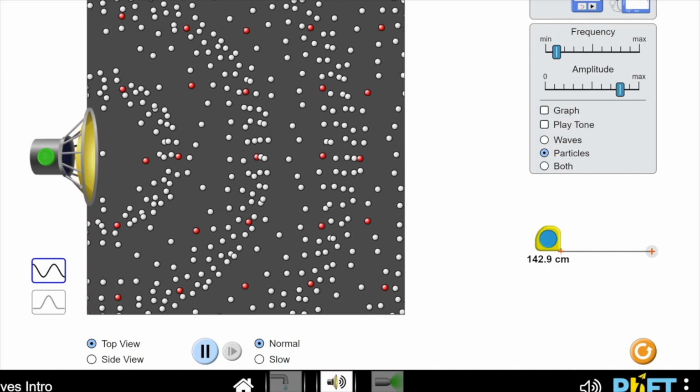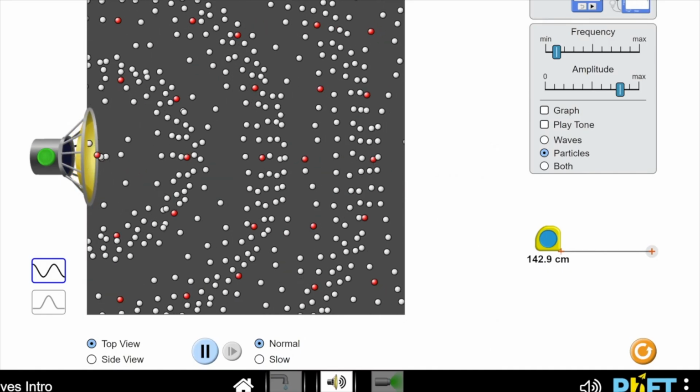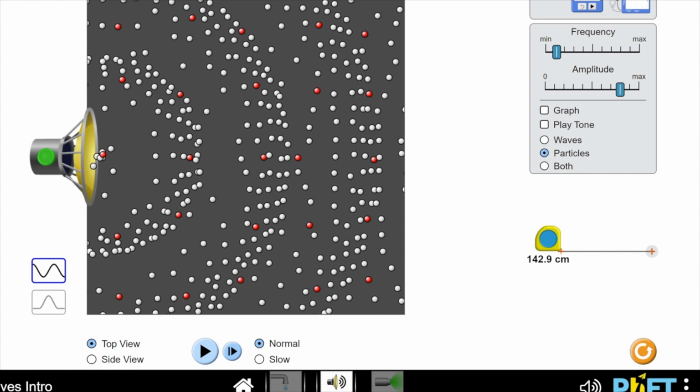Let's look back at this again. If I were to pause that, what you'll notice is there's areas where the particles are very close together, or compressed together. That's what they call compressions. And areas where there's almost an absence of particles, called rarefactions.